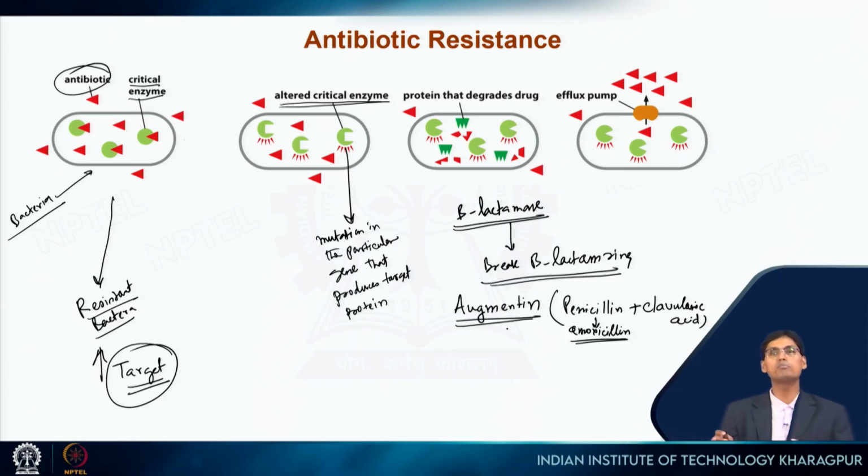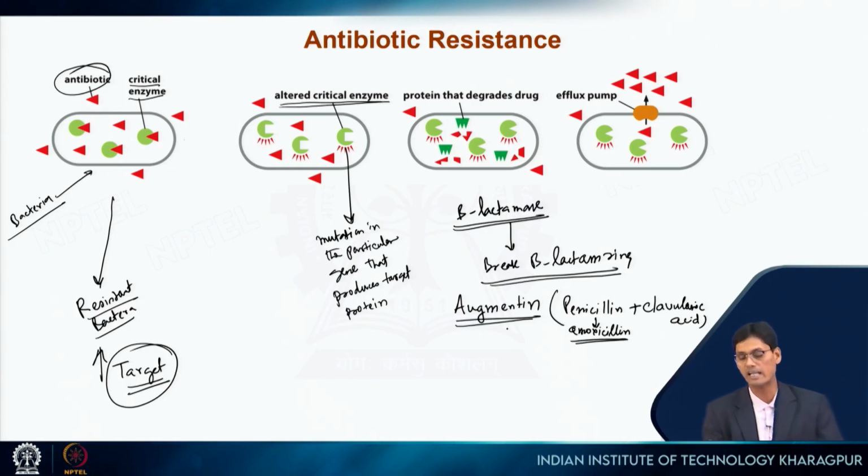It will break down beta lactamase. As a result of that, that particular bacteria is not resistant to the antibiotic itself. So I hope you understand that in augmentin we have both the penicillin as well as the beta lactamase inhibitor, and that's why this is a very powerful antibiotic.